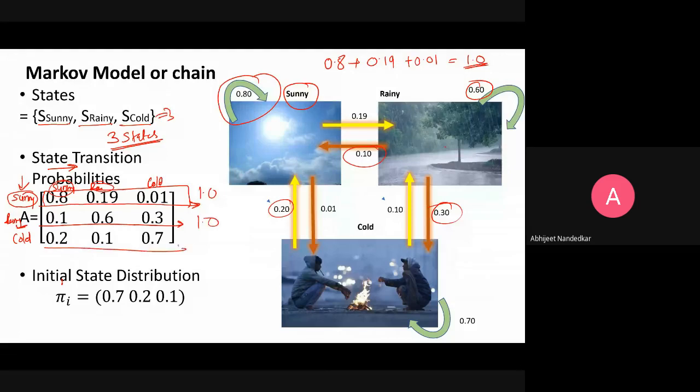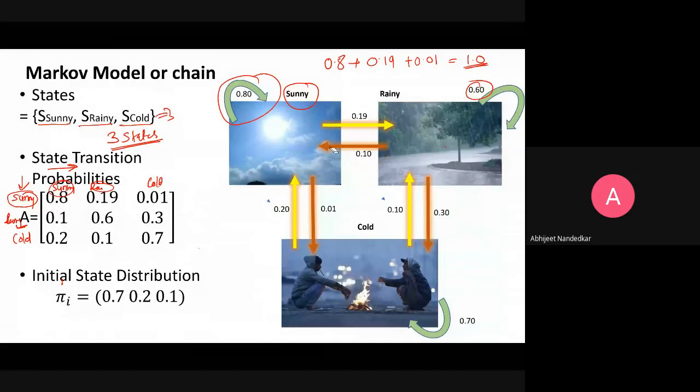And this is also 1. So you should remember that horizontally the row sum is equal to 1. If that is not the case, then something is wrong in that data.